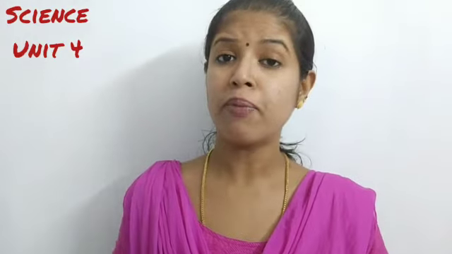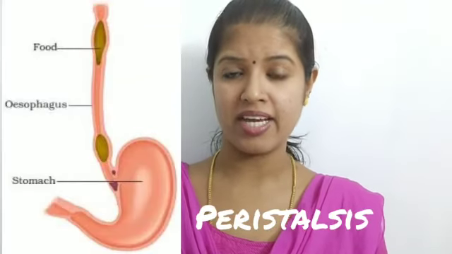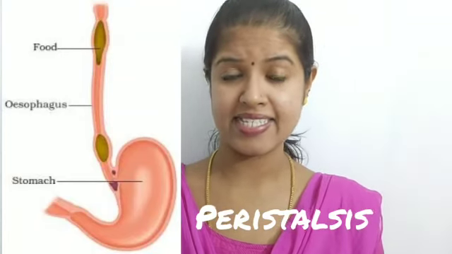Now after the mouth, when we swallow it, the food passes through the esophagus. You can see the picture of the esophagus. The food will be moved in a wave-like movement, and that movement is called peristalsis.